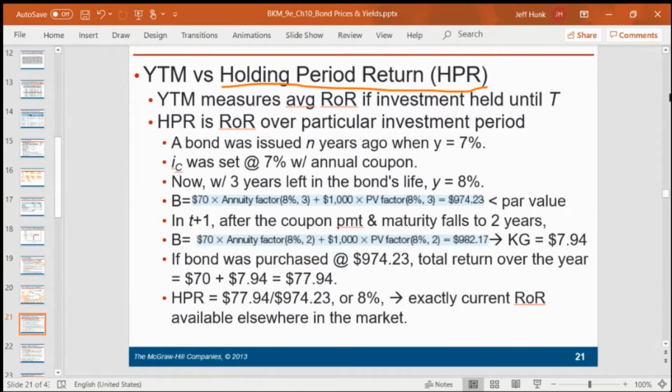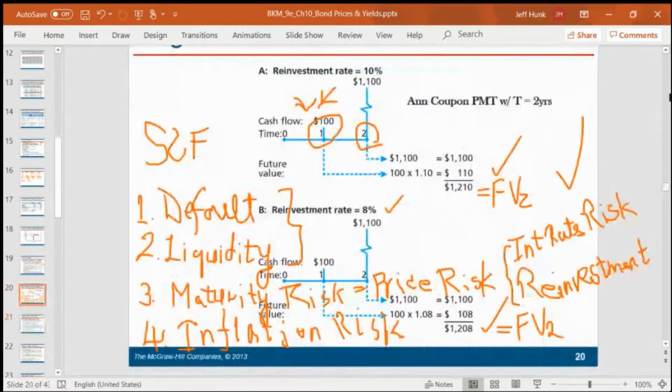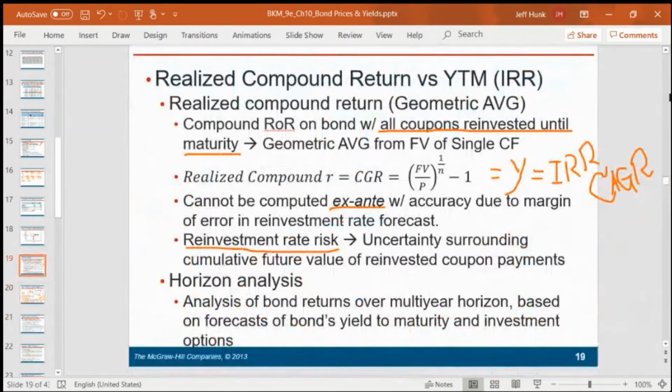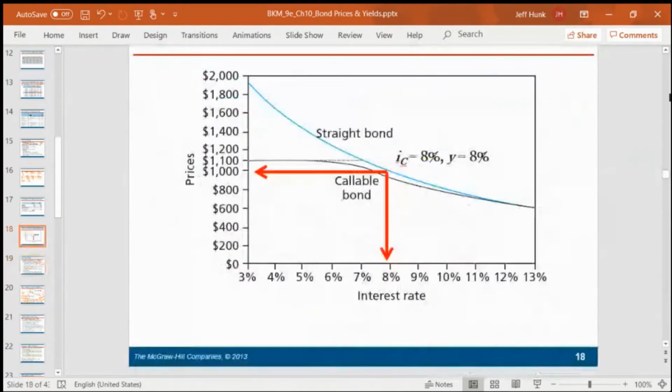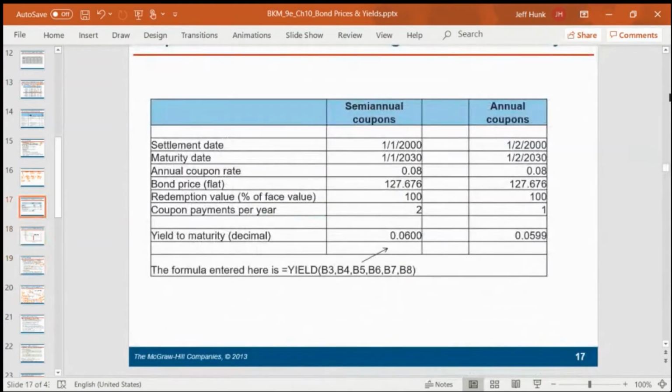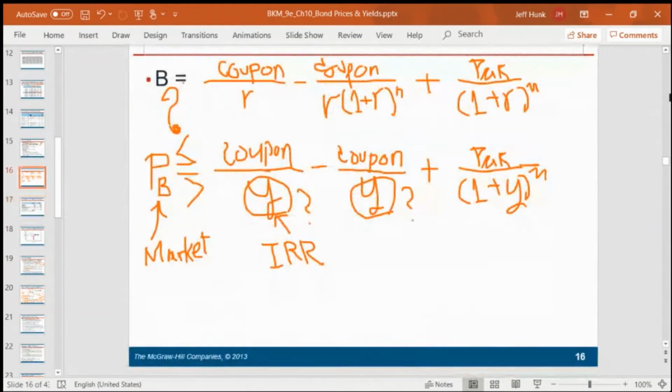So let's go back a few slides, because I just want to use a blank space. So that's why I moved a few slides back.